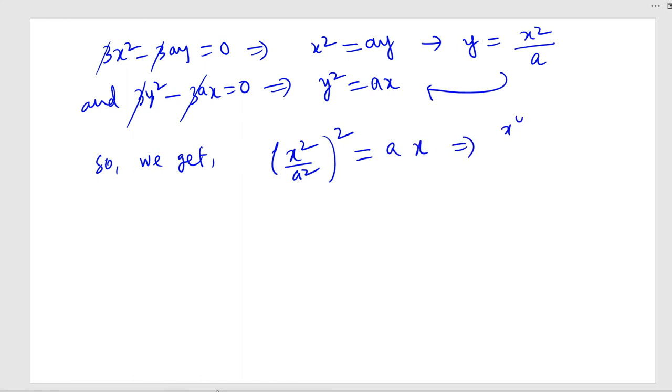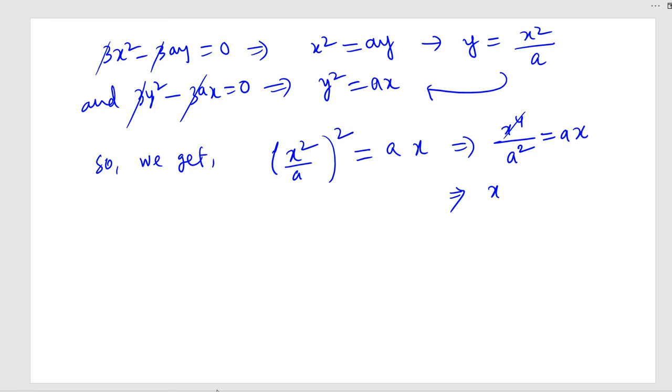So you will get x to the power 4 by a to the power 4 equals a x. Right, thank you for the correction. So you can cancel one x.